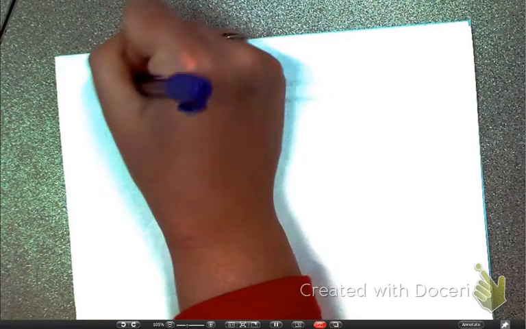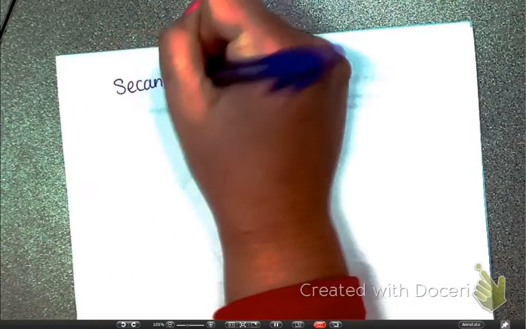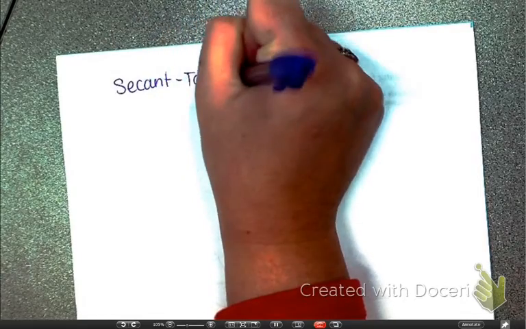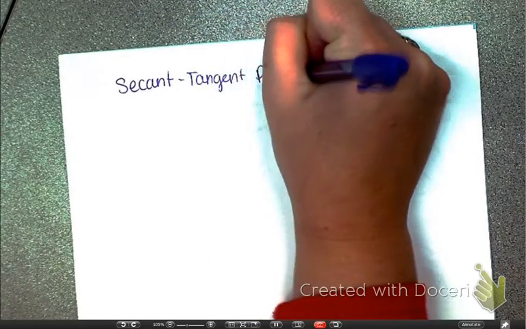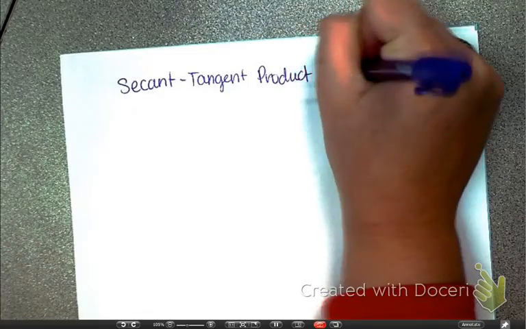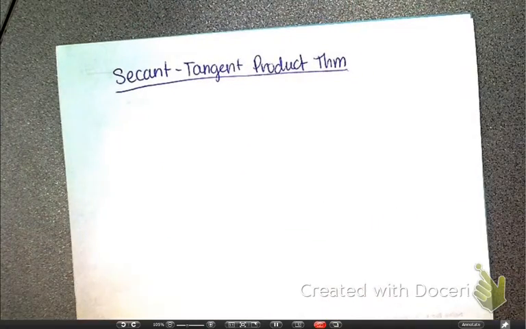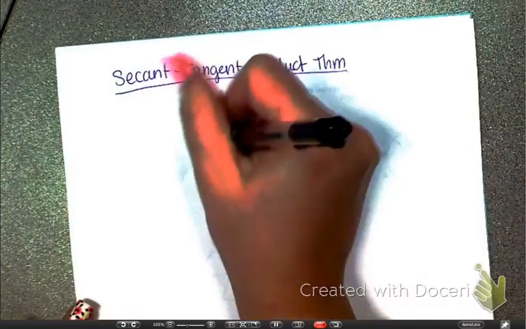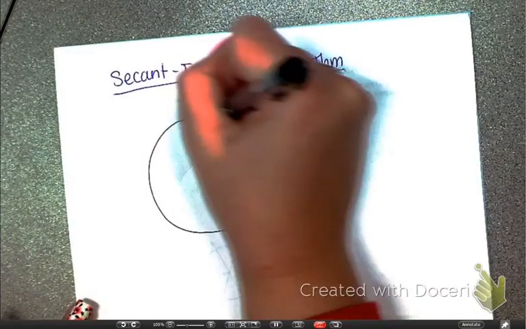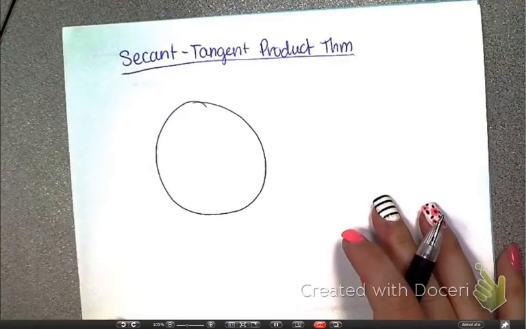The last one is the secant tangent product theorem. So secant tangent product theorem.